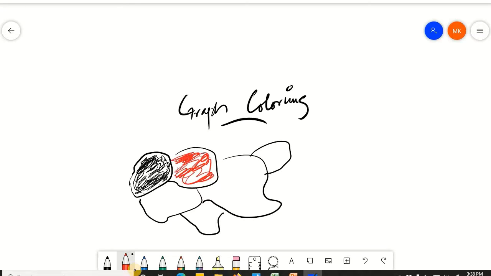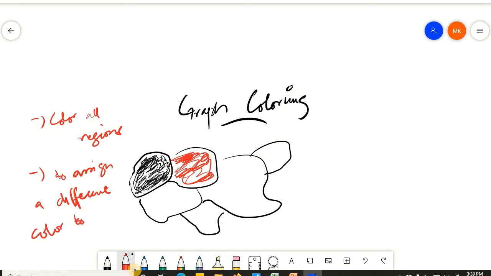Now we have consumed two different colors, and as we said earlier, the task is to color all regions, and the constraint is to assign a different color to adjacent regions.